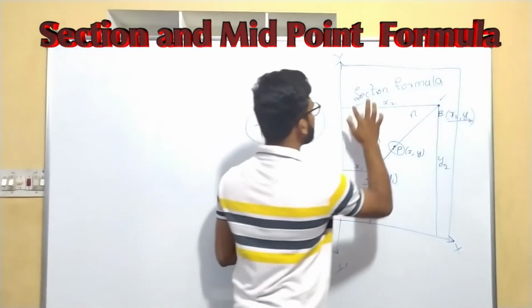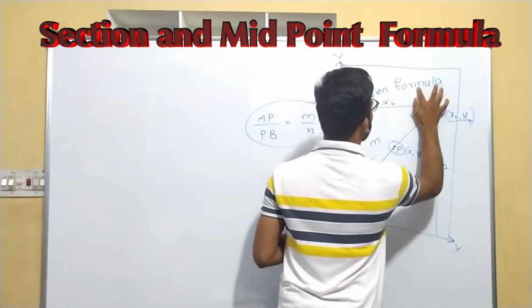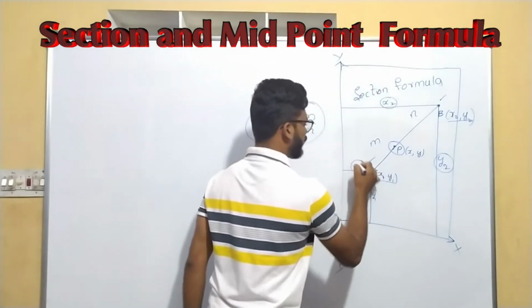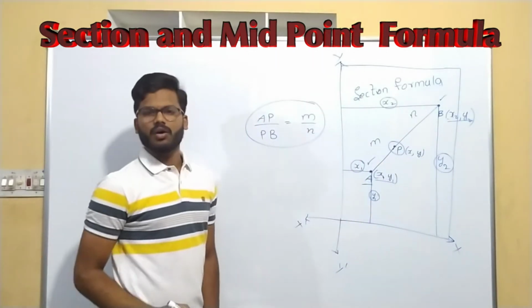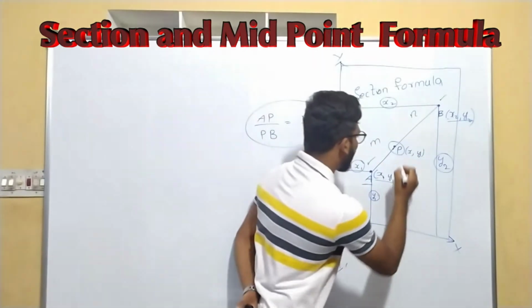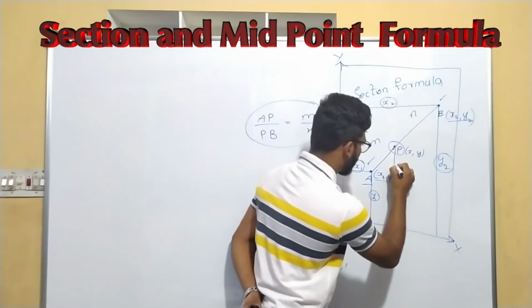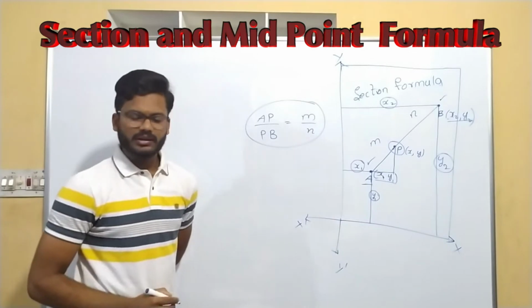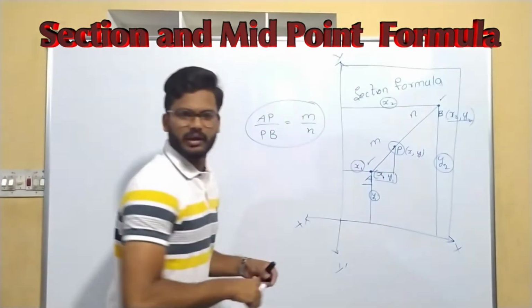Now, let us see. Okay, see here, x2, y2, x1 and y1 distance. Now, I want the distance from here to here. What is it? Distance from this point to this point.